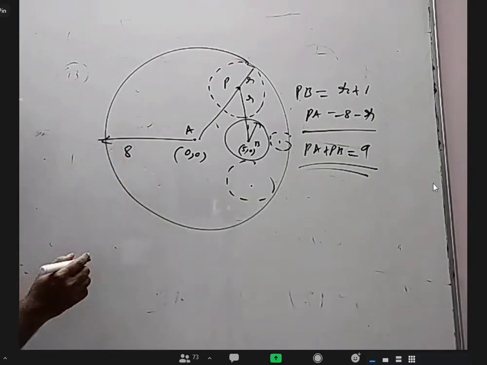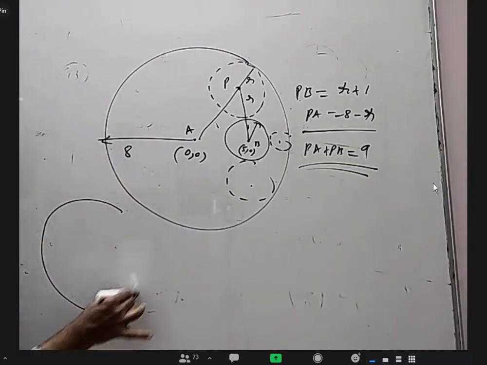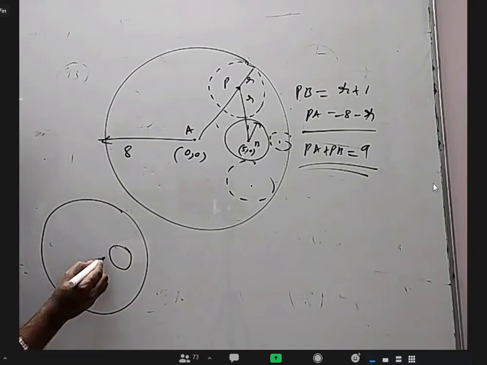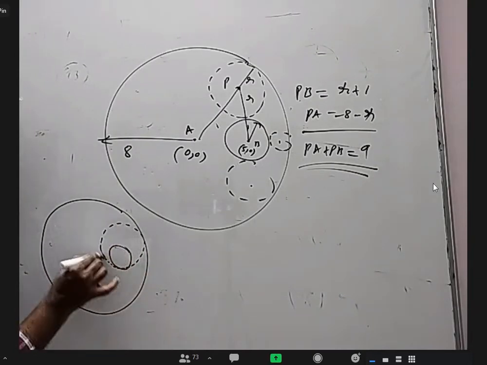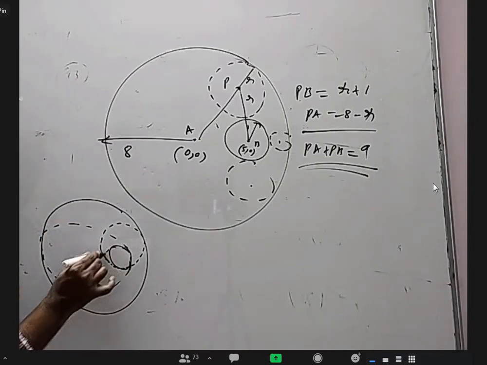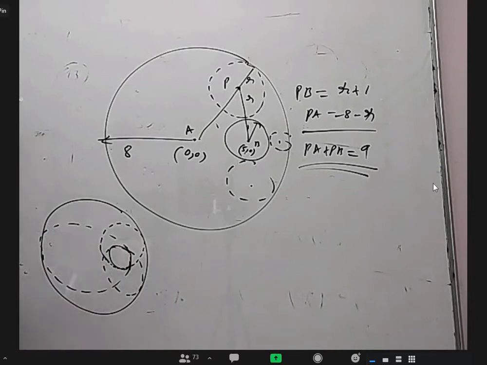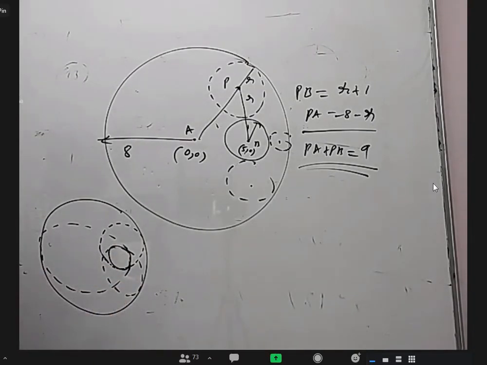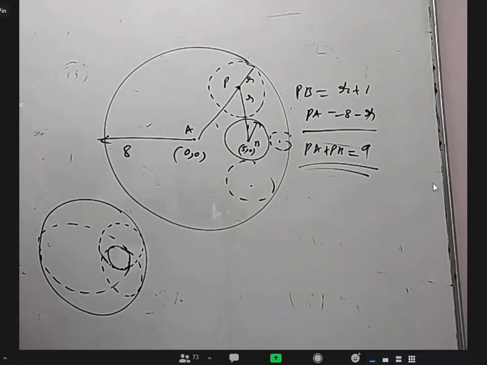Okay, same question. I want to change it slightly. We have that big circle, we have that small circle. There are some circles touching both of them internally. Look at this, or look at this, or look at this. All these circles touch the smaller circle internally and the bigger circle also internally. Am I correct? Yes, sir. What is the locus of the center of that?